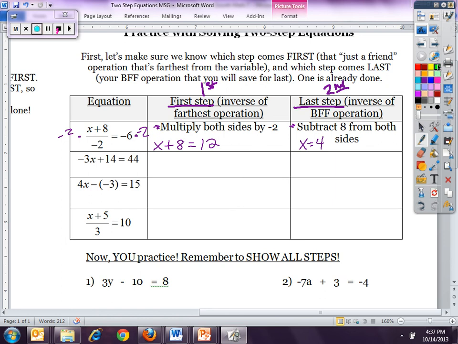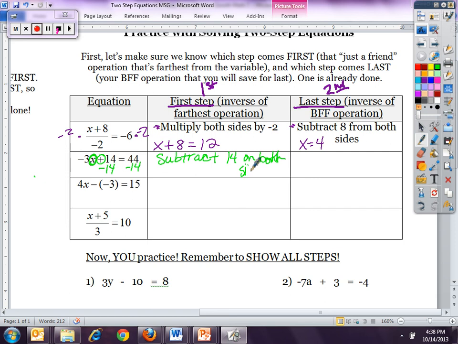So now let's do the second one. The first thing I would do is what is not closest or attached to me. I'm the x, so I've got to get rid of anything that's furthest away from it. So I would subtract 14, right? If I do it from one side, I've got to do it from the other. So my first step, or the inverse of addition, is subtraction. So I need to subtract 14 on both sides.